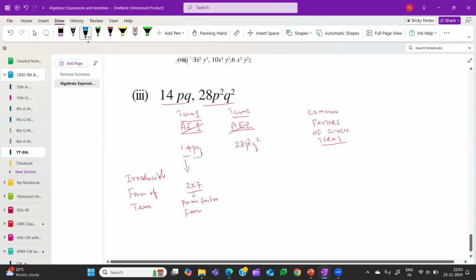And for pq, which is the variable form, we write p into q. So this is the irreducible form of variables.